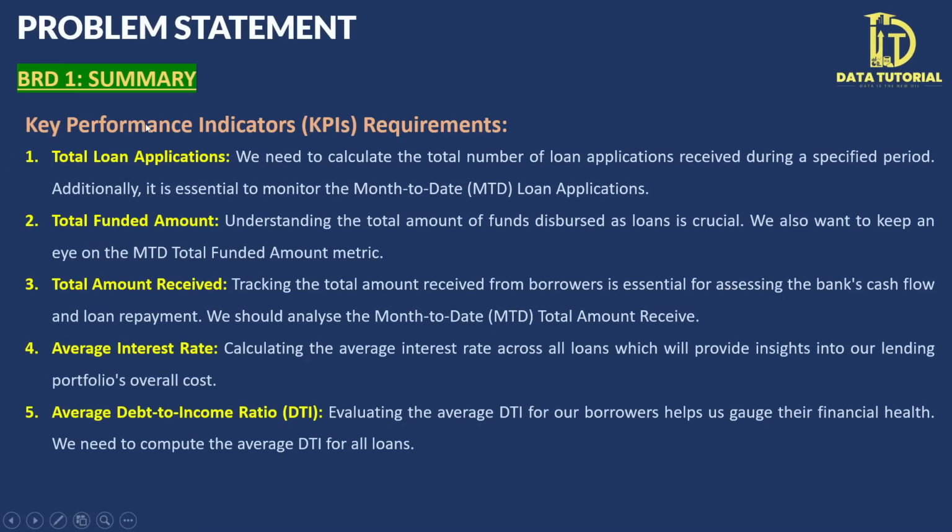The first one we are going to find out is the key performance indicator, KPIs. As I told you multiple times, KPIs give us the summary of the business at a higher level, how the business is performing, so that business owners or stakeholders can take insight from that, about which direction their business is going.